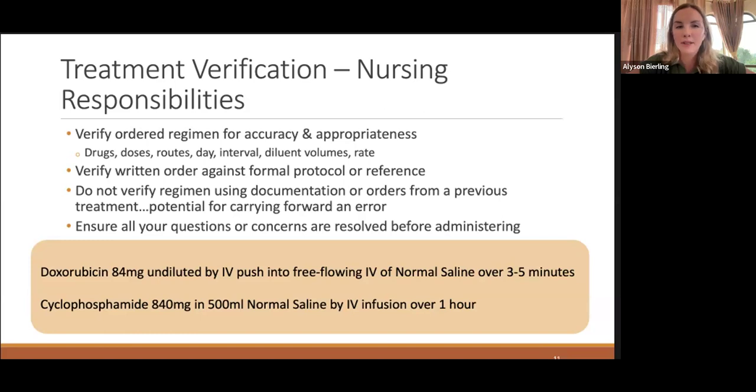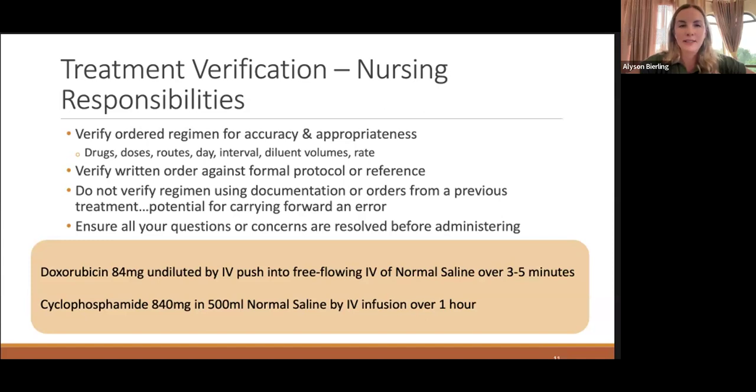And then the diluent volume, which tells the nurse or the pharmacist who is mixing the chemotherapy how to mix that drug. For doxorubicin, the drug is going to be undiluted, so they just draw up the doxorubicin into a syringe and give it directly by IV push. But with cyclophosphamide, the drug will be mixed in 500 mLs of normal saline.